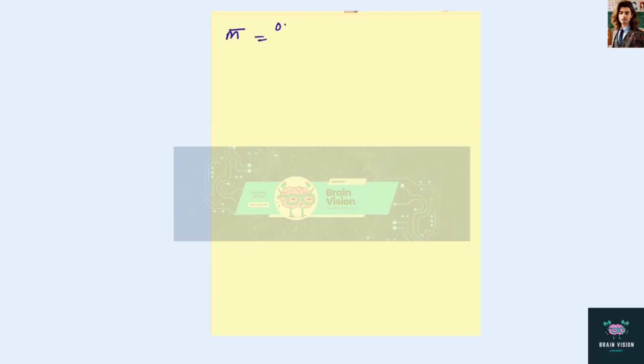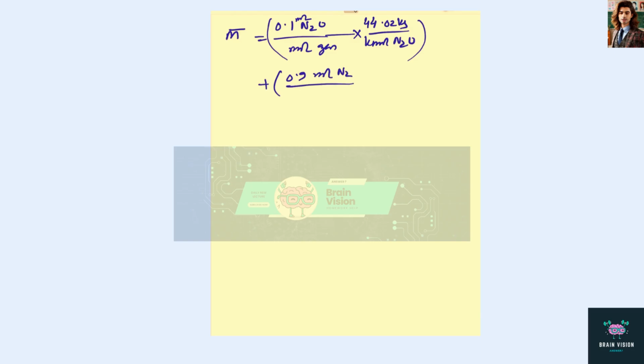The average molecular weight of the gas mixture is the mole fraction of nitrous oxide multiplied by its molecular weight, which is 44.02 kg per kilomole of nitrous oxide, plus 0.9 mole of nitrogen per mole of gas multiplied by its molar mass, which is 28.02 kg per kilomole.